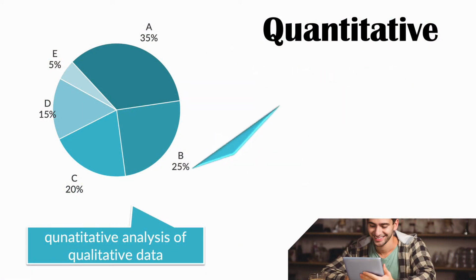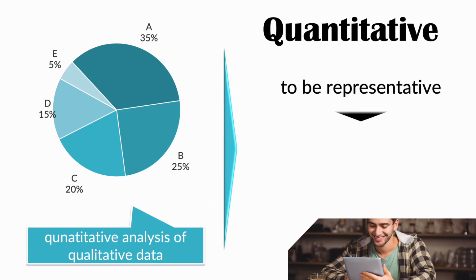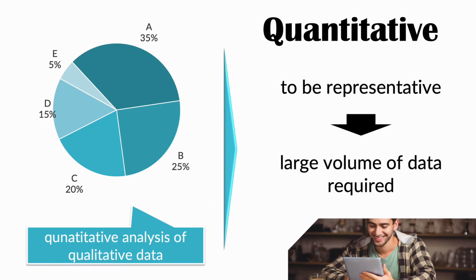Quantitative market research studies can have qualitative questions and qualitative ones can have quantitative questions. The difference is that for a quantitative analysis, we need a high volume of data so that we can consider that the data is representative of a target population.